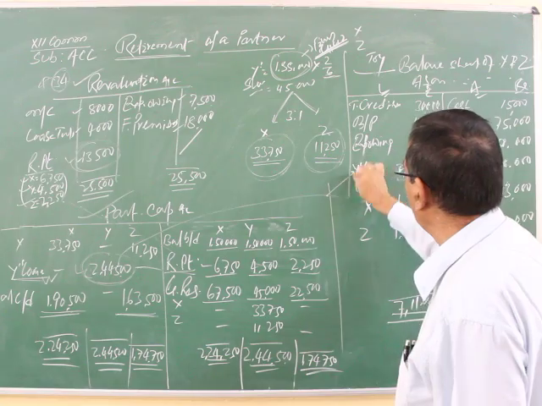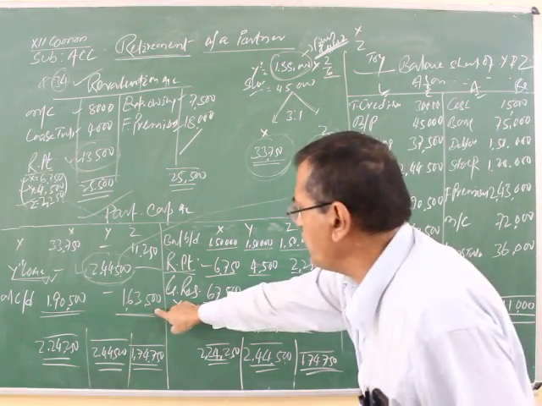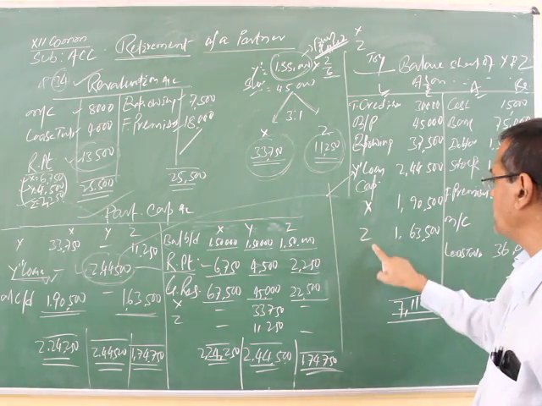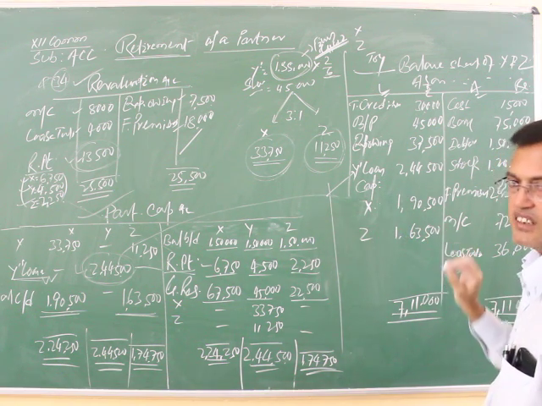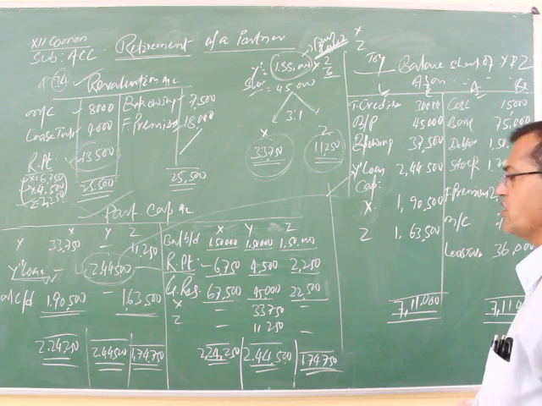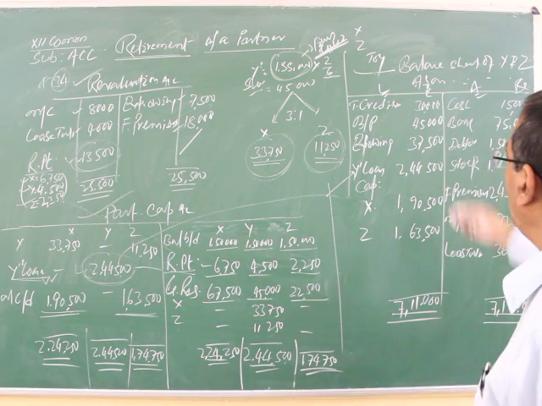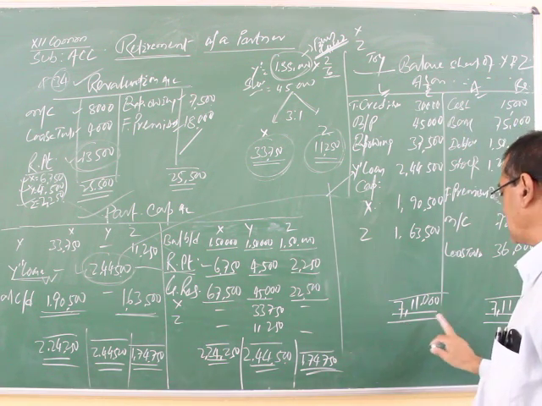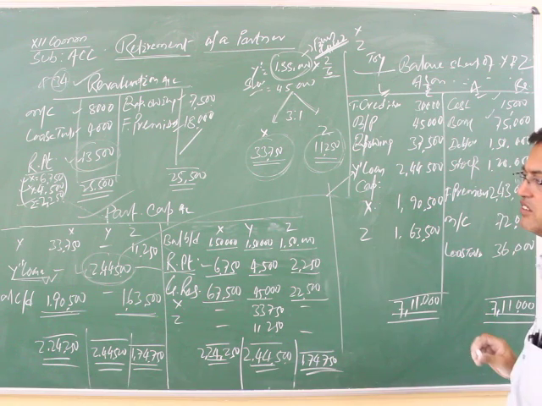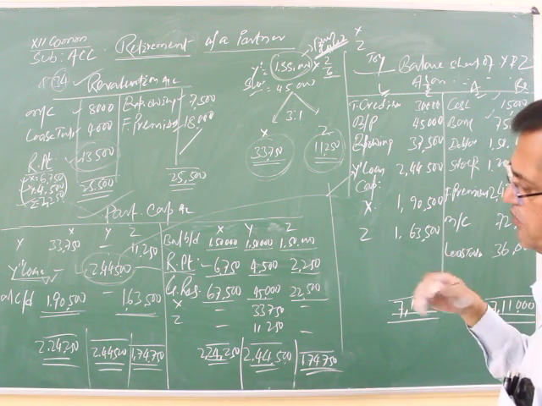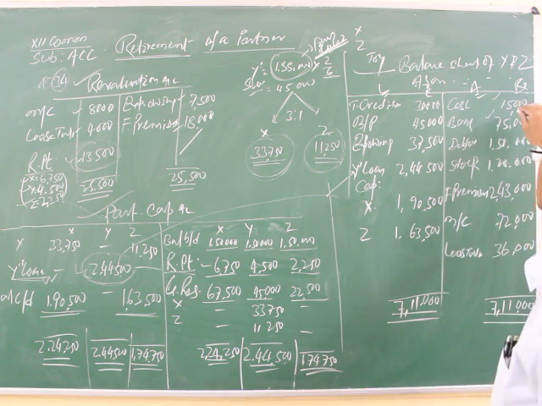It is clear now. And the X capital and Z capital remain; I have noted down the capital of X and the capital of Z. There are no other items. Just like in the admission, on this side you are getting 7,11,000. Come to the asset side: cash remains the same, bank remains the same because nothing is coming or going in cash or bank.